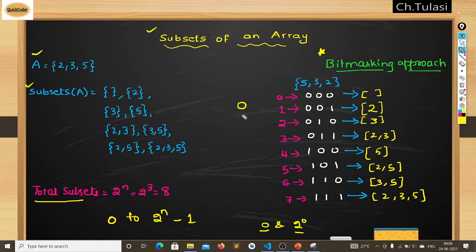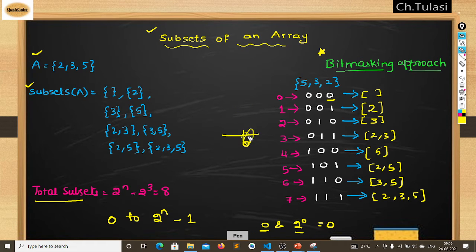So 0 is binary 0, and 2 power 0 means 1, binary 1. So 1 and 0 we will get 0, because in AND operation, even if one 0 occurs, the output will be 0 only. So 0 indicates that at this position there is no 1.